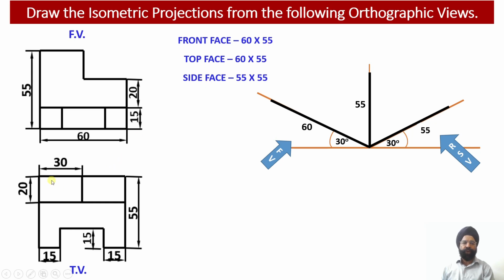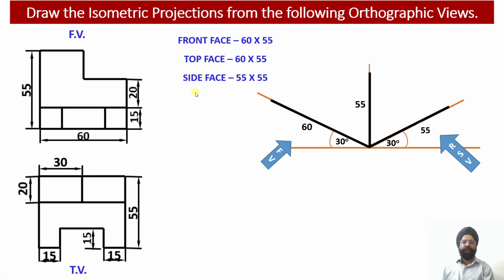Now in the top view, we observe that the length of the solid is equal to 60 millimeter, while the width of the solid is equal to 55 millimeter. So this is the width of the solid. So the top view face dimensions of the solid will be 60 millimeter by 55 millimeter.